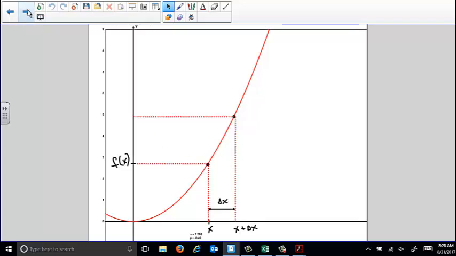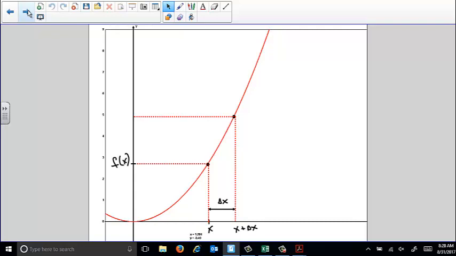So the location of the new point is defined as having an x coordinate that is not x, but x plus a small increment in x, delta x, which you can think of right now as maybe 0.1 units or half a unit. So it's close to the original value of x, but it doesn't have to be like 0.00001.